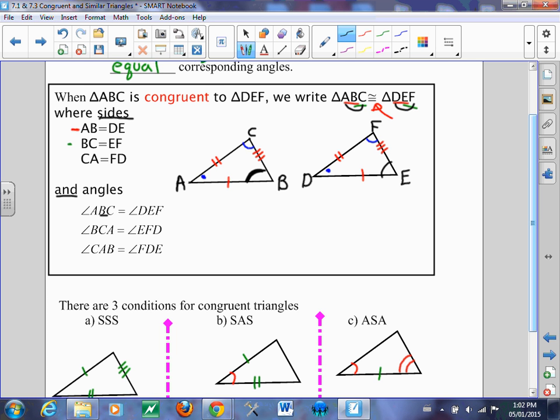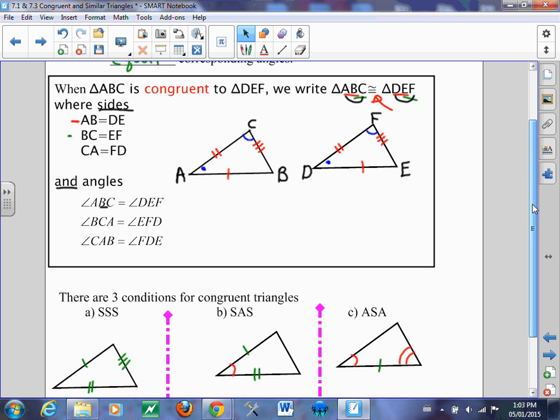Notice they got the same symbol. And angle CAB equals angle FDE. Now notice I just wrote in those angles. I'm going to try to erase it. You don't actually need that, folks, because if 2 angles in a triangle are the same, then the third one also has to be the same, right? By process of, because they both equal 180 degrees.